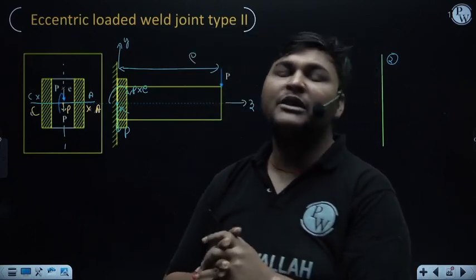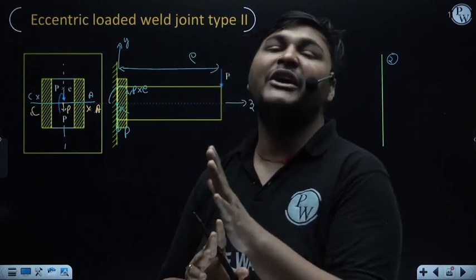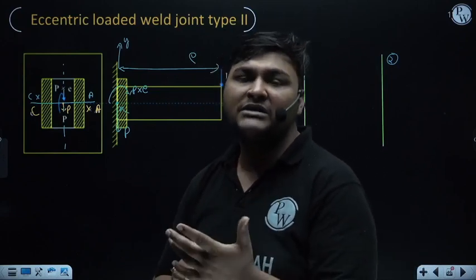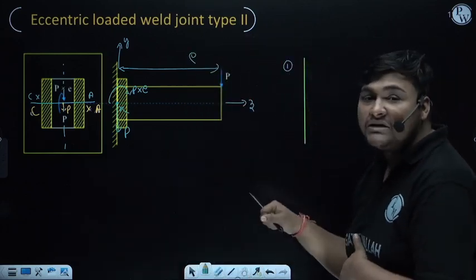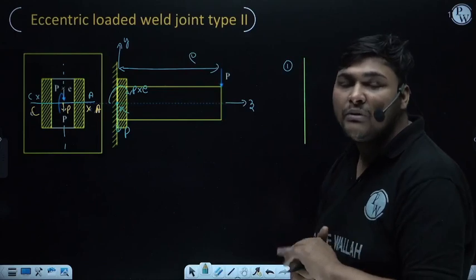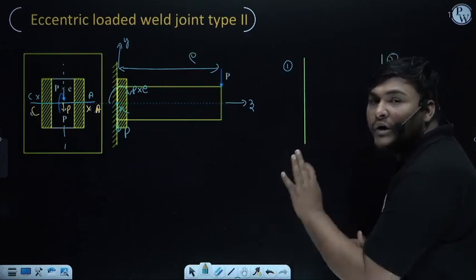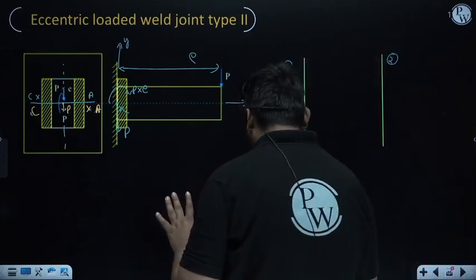If the moment is about the x-axis, the neutral axis will be the centroidal x-axis. If the moment is about the y-axis, the neutral axis will be the centroidal y-axis. Here this moment is coming about the x-axis, so the centroidal x-axis will be the neutral axis. So here we need to only locate the neutral axis, and the neutral axis will be the centroidal x-axis.